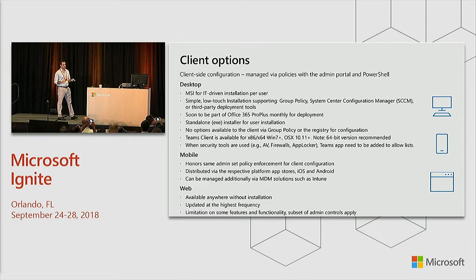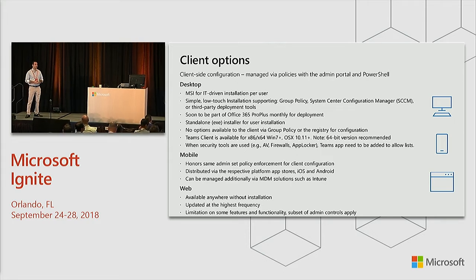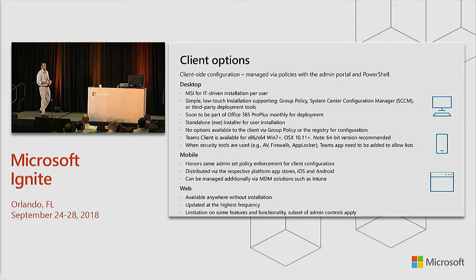So why we've split it up into these two sections between deployment and updates is because through the O365 monthly channel, you'll still be able to get the client out to your end users. You'll still be able to get it onto the various endpoints in your organization. However, the update cadence is something that's going to continue to be managed through the application itself. And that's something that we're going to spend the next half of the presentation talking about.